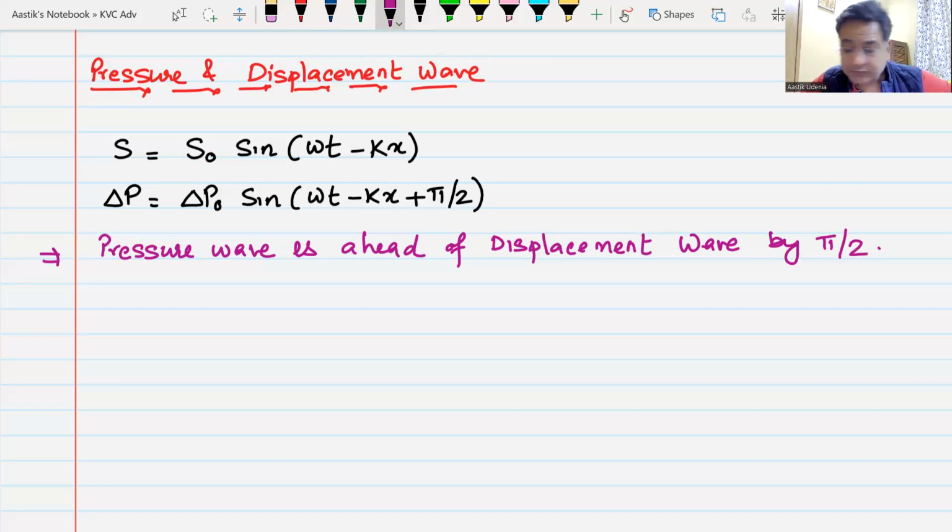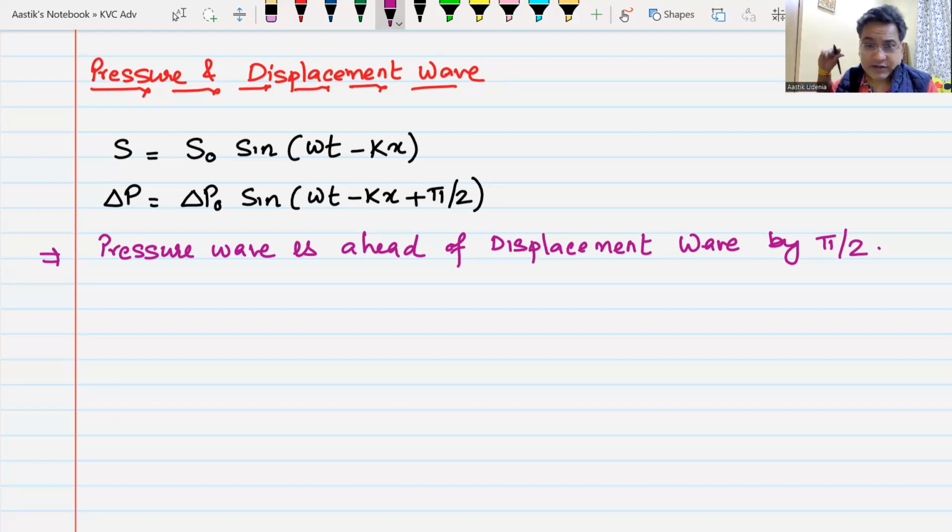It means that when the displacement is maximum, the pressure is minimum.